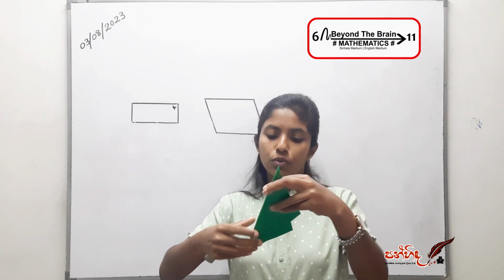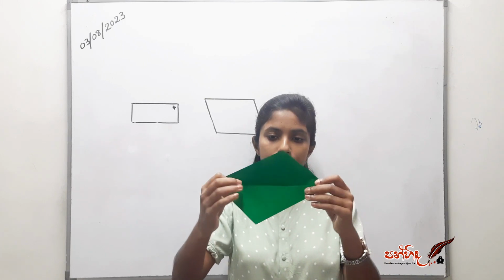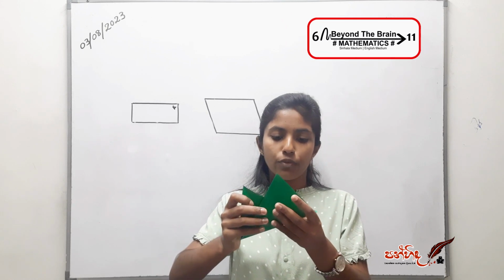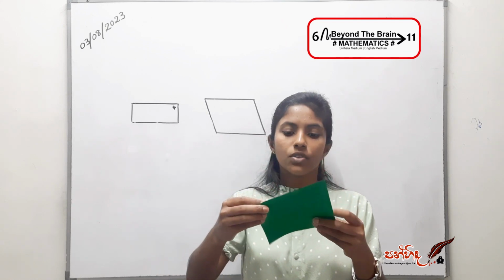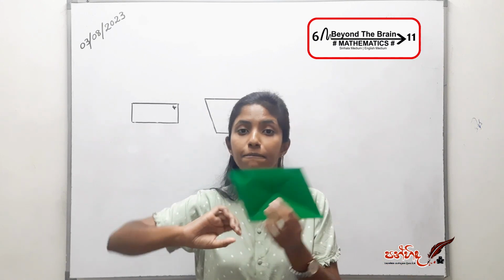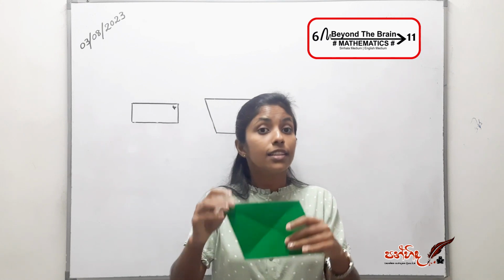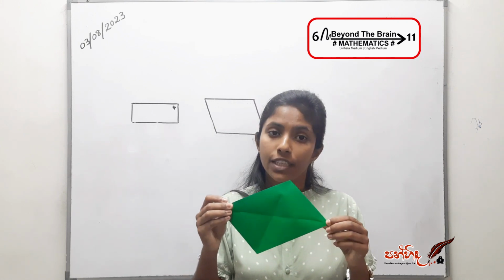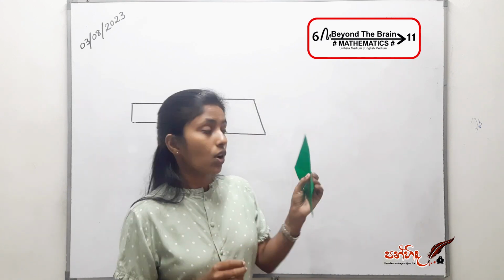See, you can see that it will not coincide in this direction, or when we fold it in this direction also it will not coincide. You can see, right? So this figure does not have bilateral symmetry because it cannot be folded in such a way that the two sides coincide with each other, right? But we can find whether it has rotational symmetry.